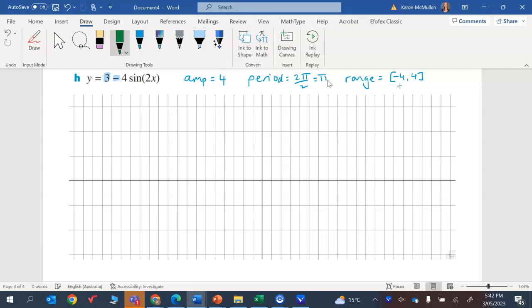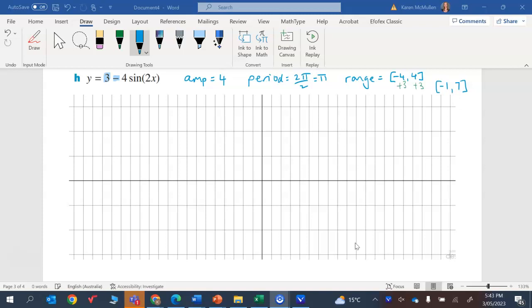So we're going to go plus 3 and then plus 3. So our range will end up being -1 to 7. Now the negative, because it happens before your translation, doesn't affect your range.